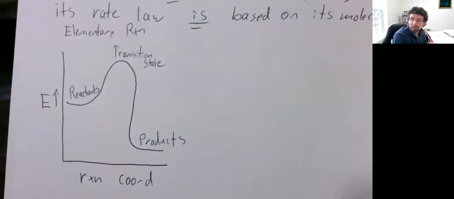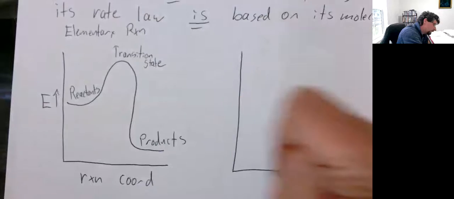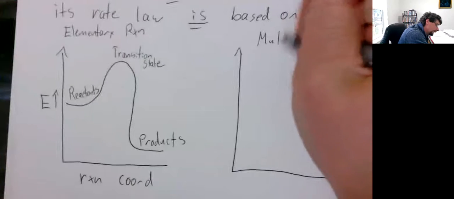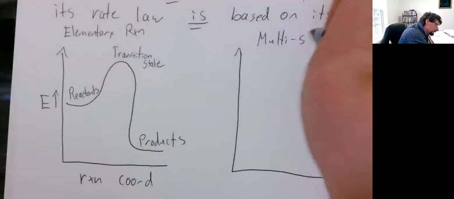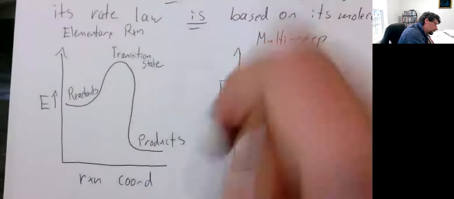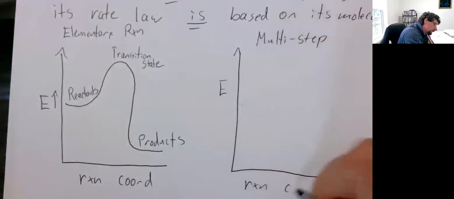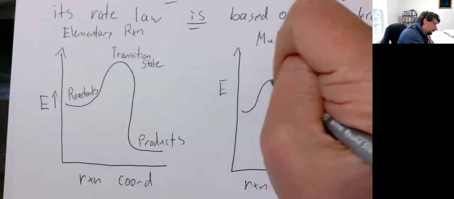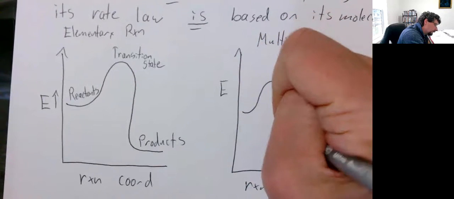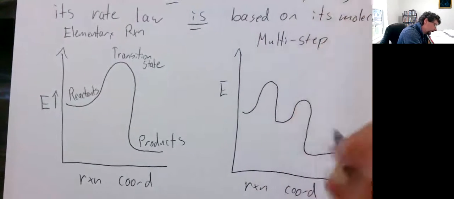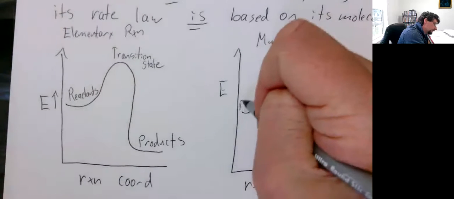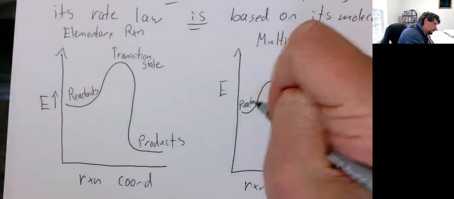A multi-step reaction. Again, we're going to have energy as our y-axis, reaction coordinate as our x-axis, and it might look something like this. But this is our reactants, our products.